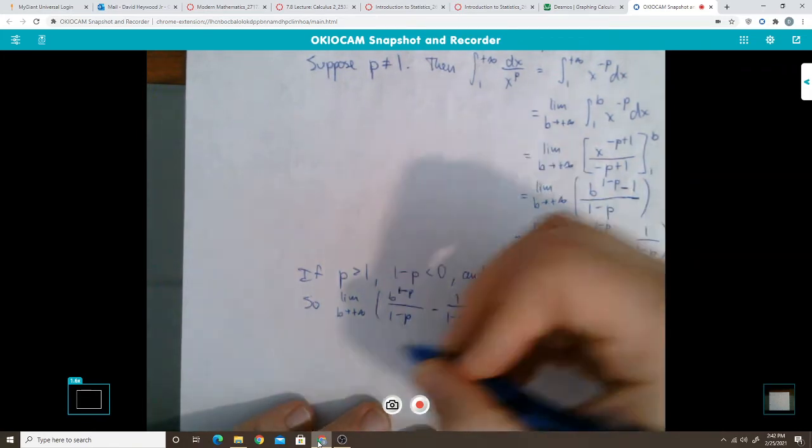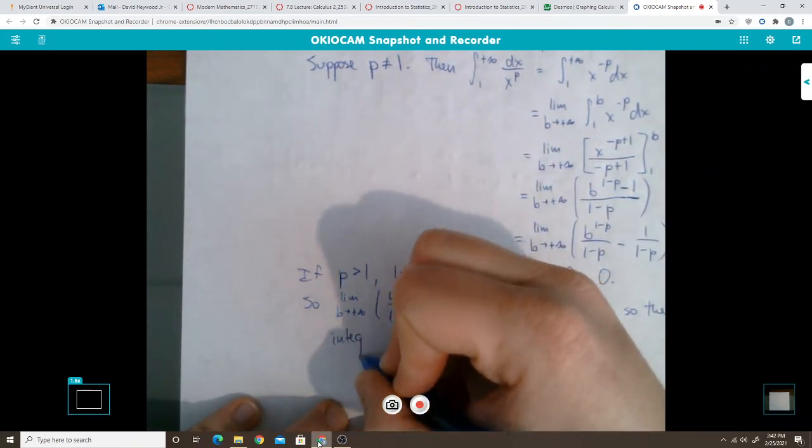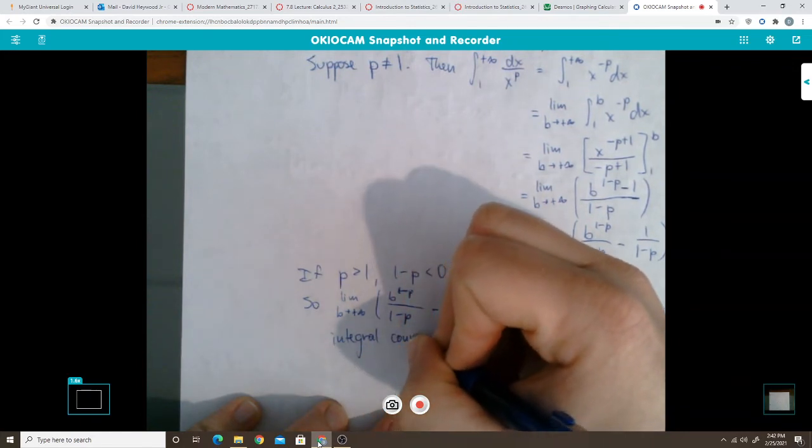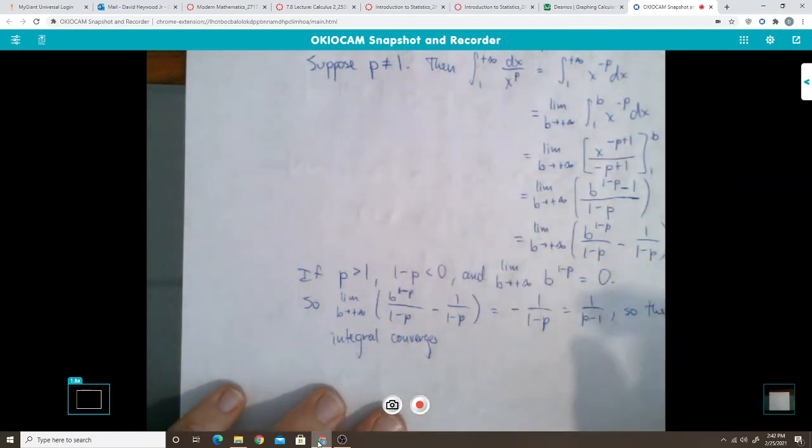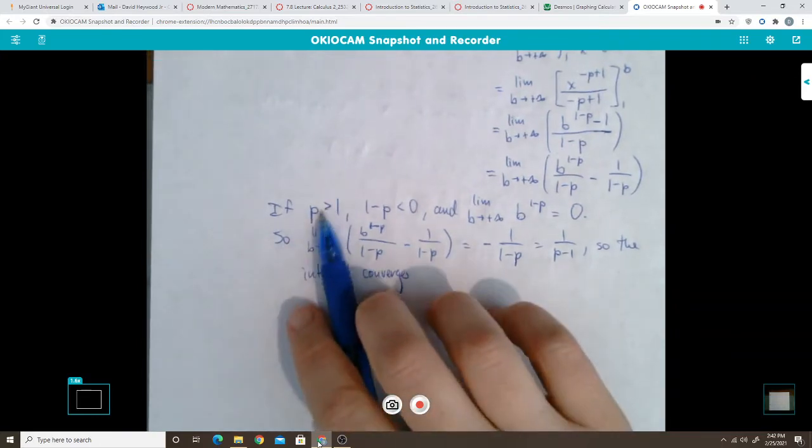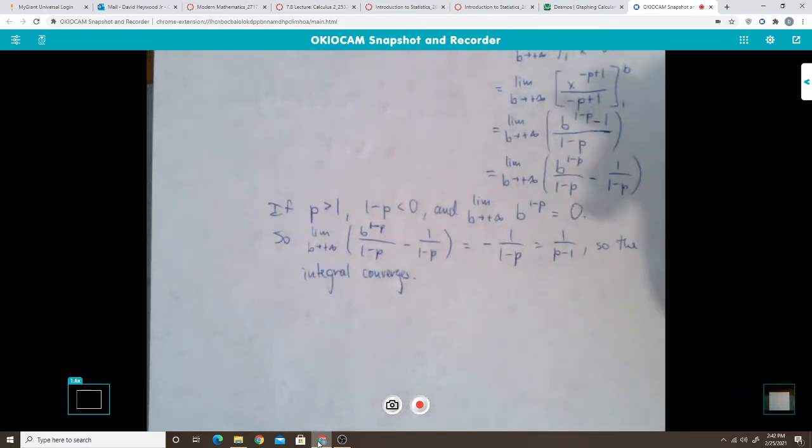So the integral converges. Okay, so we know that if p is greater than 1, the integral is going to converge, for sure.